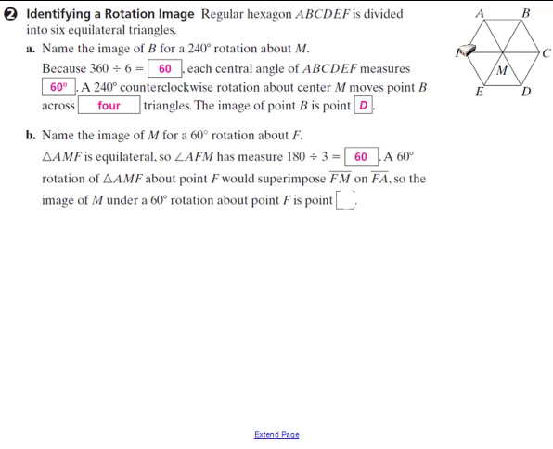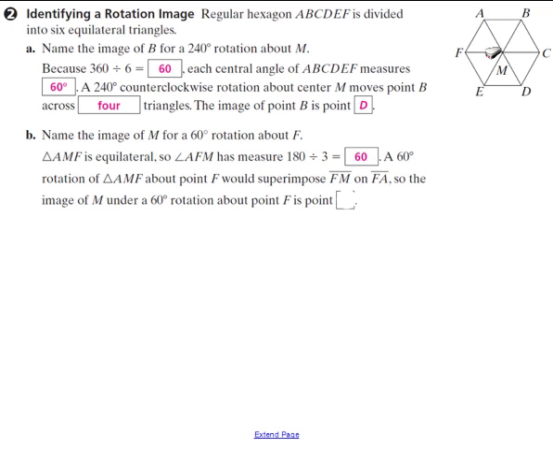So here's point F. If we're rotating that, that would take FM, which is this line here. If we went 180 degrees, it would superimpose FM onto FA.